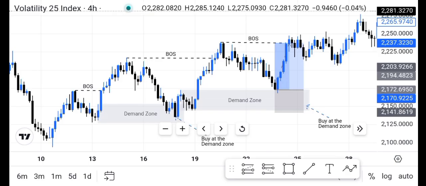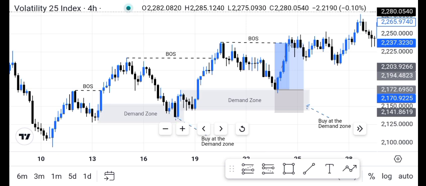Here is the example of an uptrend using the supply and demand strategy, or smart money concept. You can see we have this break of structure to the upside, then we have this swing low. After this break of structure, a demand zone was created automatically. So you should expect price to retrace back to the demand level, and expect buyers to step in at that same level.